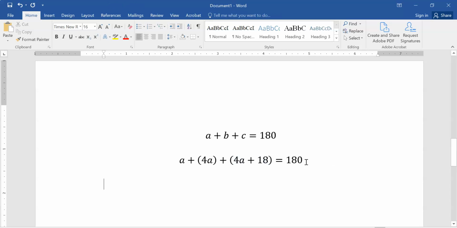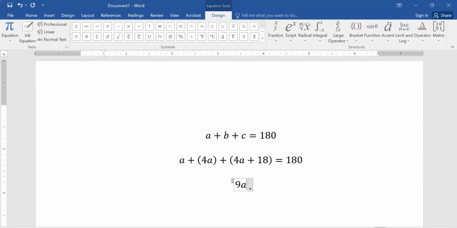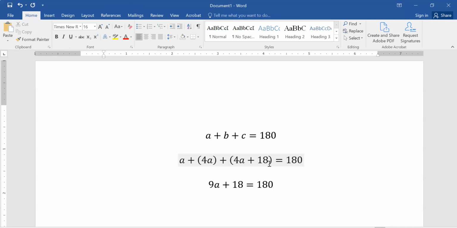And now we have an equation. So if I ask you to come up with an equation, this is the one you'd be creating. And now we can solve this for A. So A plus 4A plus 4A, that's 9A, plus the only constant on the left-hand side is 18. So we got 9A plus 18 is equal to 180.